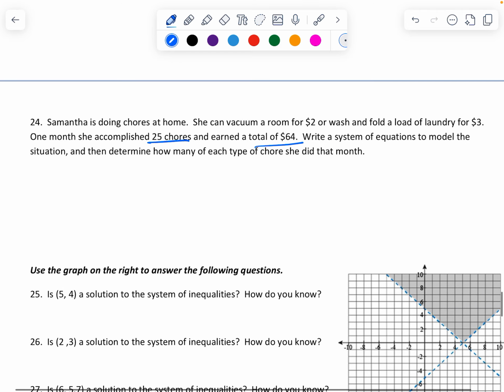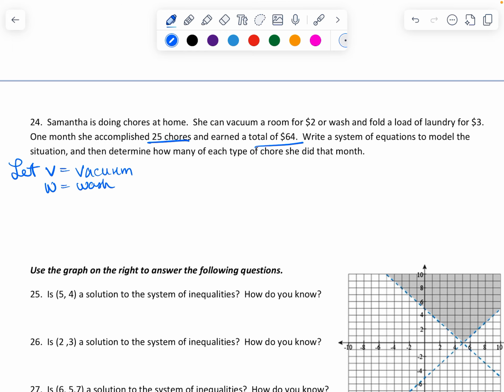So what are the 2 types of chores? So we're going to let V equal vacuum, and W equals wash.